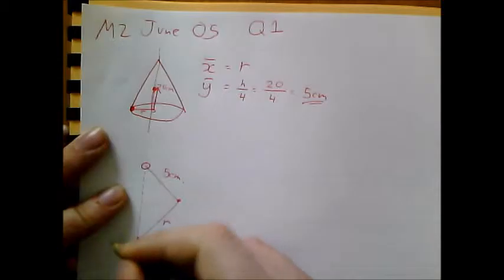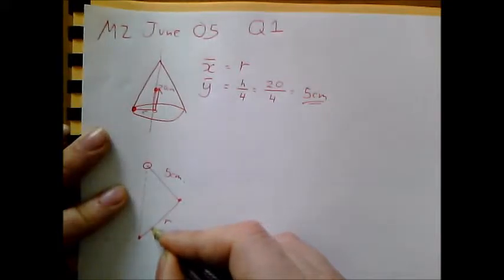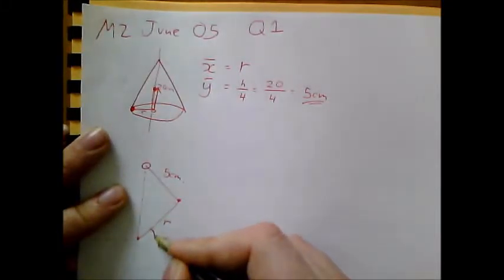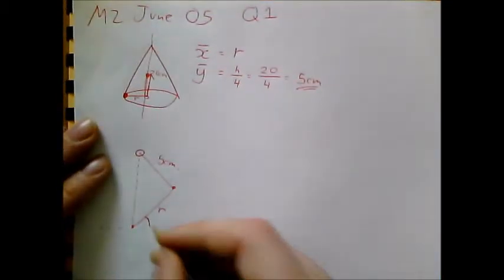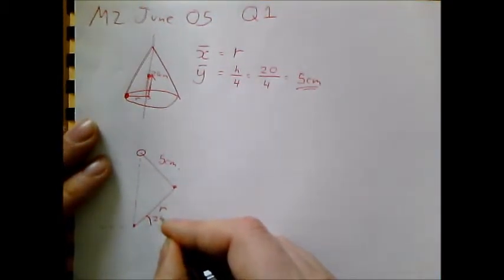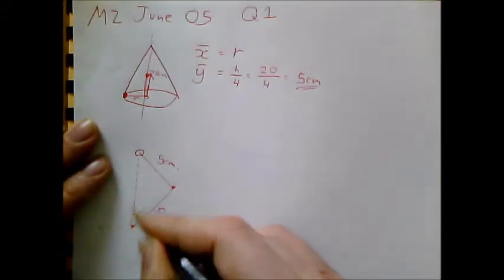If I draw a little horizontal line here, I know that the radius makes an angle to the horizontal of 24 degrees. Yep, 24 degrees. And I know this is horizontally down, so I've got a right angle here.